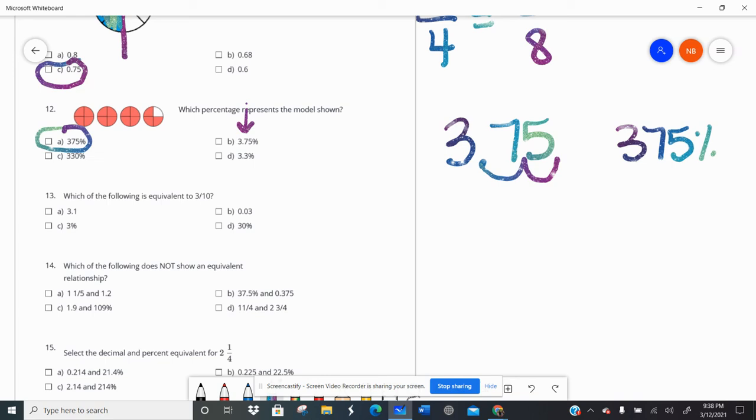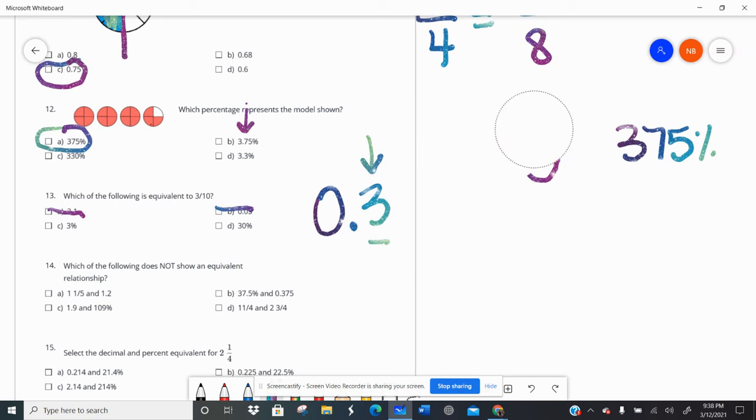All right, it says, which of the following is equivalent to 3/10? Well, let's say that 3/10, 0.3. I have a 3 in the tenths place, 3/10. Well, it can't be B because that says 300ths. It can't be A because that's 3 whole things. So I got to figure out, is that 3% or 30%? Well, remember, we have to keep referring back to this Dr Pepper, right?